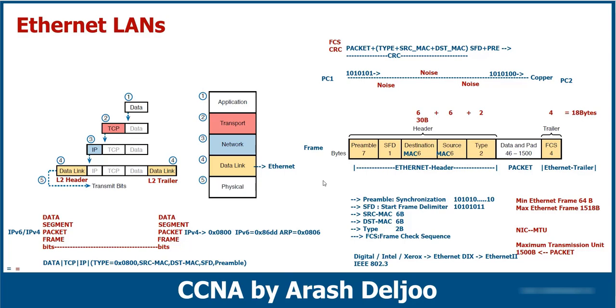And let me talk a little about the devices, for example hub and switch, and the differences between the hub and switch in Ethernet. You know that in our networks we use switches, but in the old days we used hubs. Let me talk about the devices that we have in the Ethernet LANs. This is suitable for us because we will learn about the configuration and maintenance of the switch.